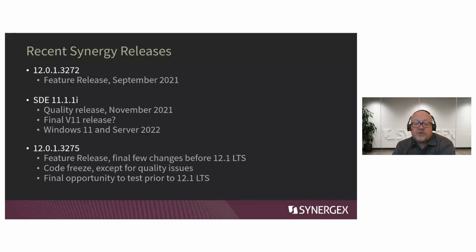Once we've finished working on a set of new features for a long-term support release, there'll be a final feature release, which is essentially code complete and gives customers a final chance to test new features and so on. So once again, this feature release was adopted by a considerable number of developers who took the opportunity to verify their software in that environment.